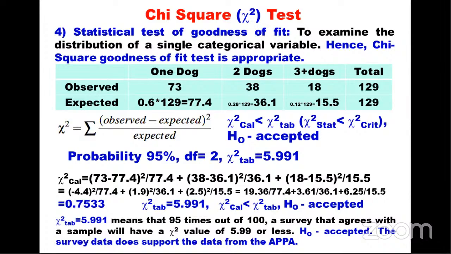Means 95 times out of 100, samples that agree have a chi-square value of 5.991 or less. Then we have to accept it. So the survey supports the data of AAP. So from the values of chi-square table and chi-square calculated, we can calculate the things.